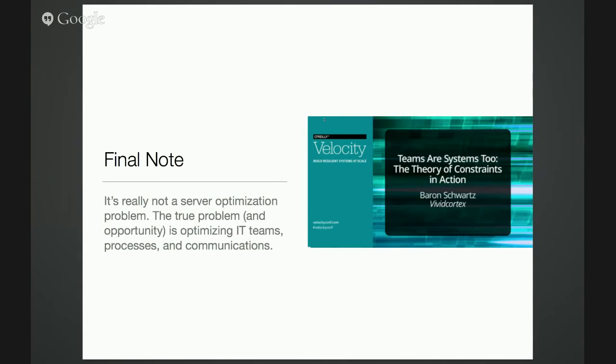As a final note, I wanted to mention that although we talk and build tools for server optimization, they're really built for team optimization and IT optimization, because that's where the big wins come in. It's not about the queries being a little bit slow or the application being a little bit slow. It's really about what your database administrators spend their time doing, and conversely, what the developers spend their time doing.